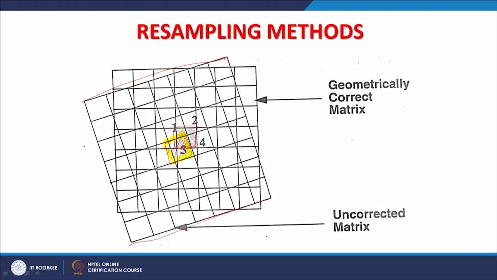Now, when this situation is not there, there is another way of doing this. I can find out the weighted average. This is my target pixel area, whereas these 4 pixels are overlapping with my target pixel in different ways.